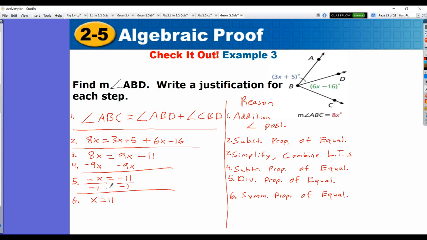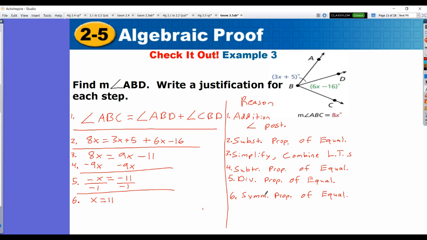The reason I can divide by -1 is the division property of equality, which says I can divide each side by the same number.